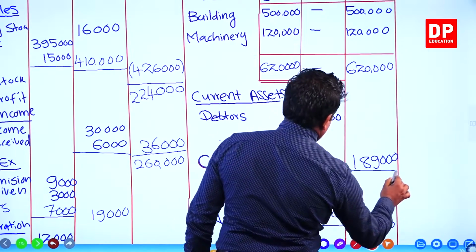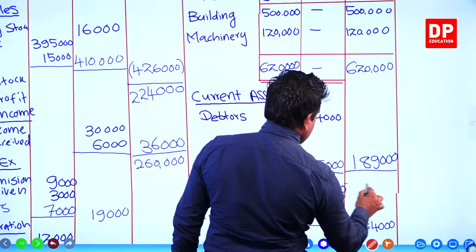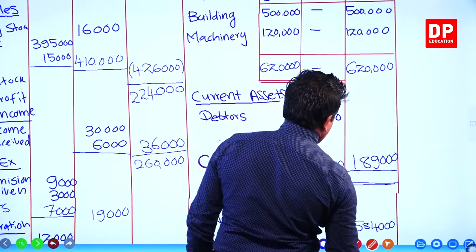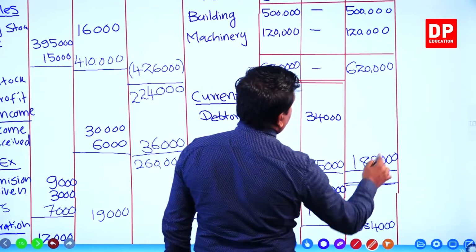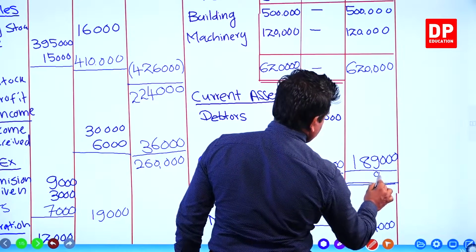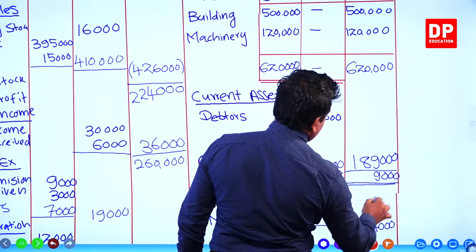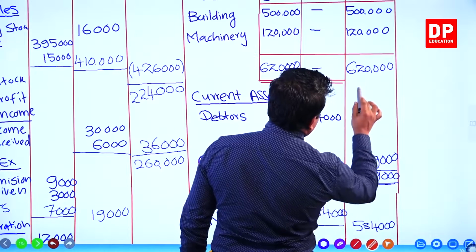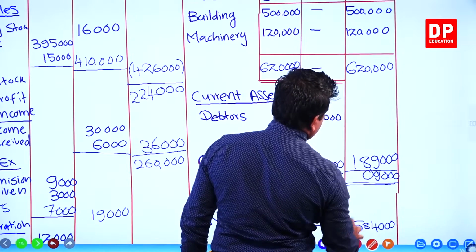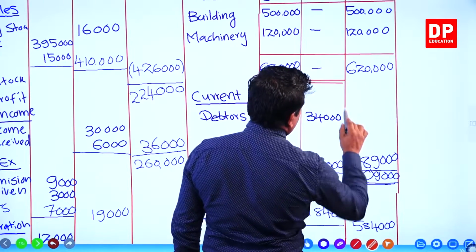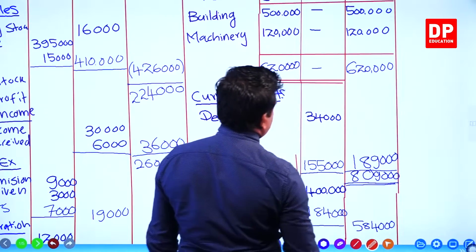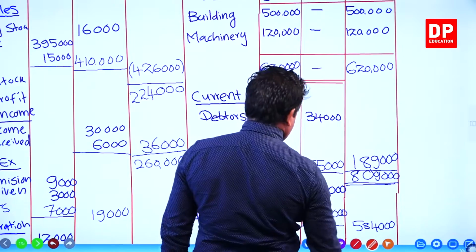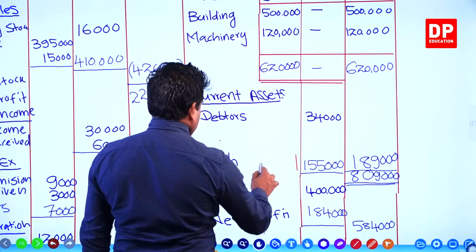Then that side is finished. That side means the assets area is finished, right? 620,000 plus 189,000. Here 9,000. 8 plus 2, 10. Here 8. Right, 809,000. Now you go to the next side.